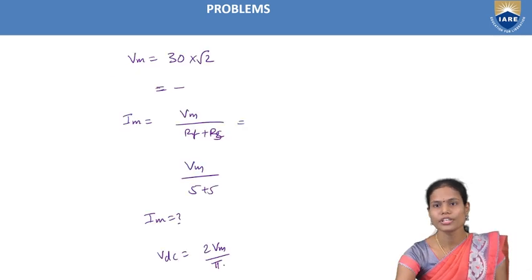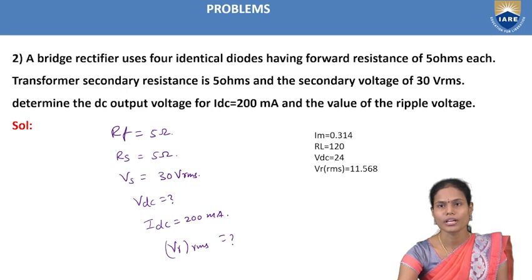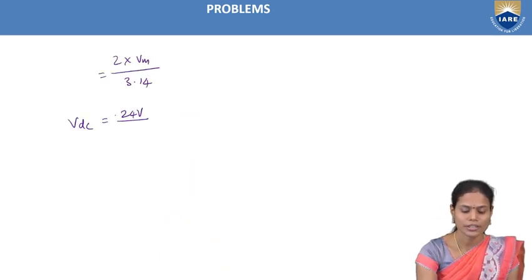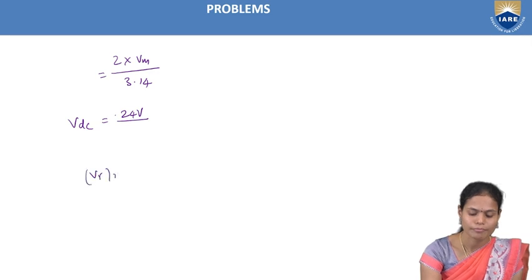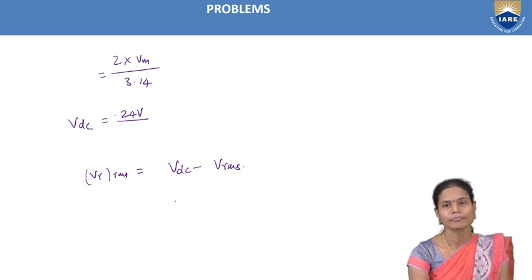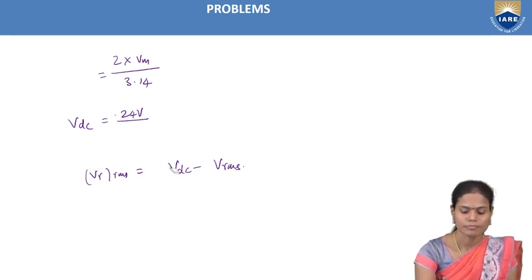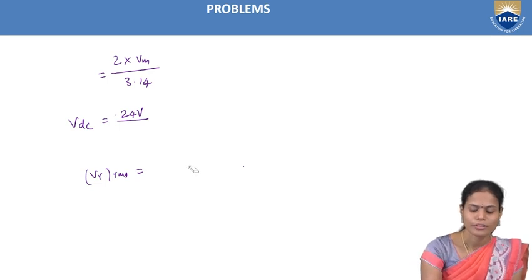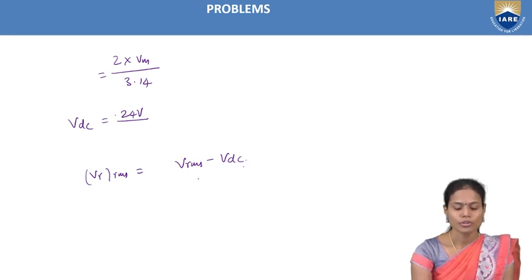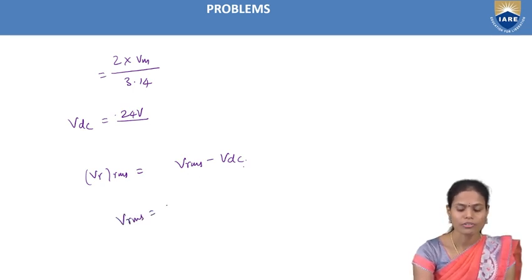And next we need to find the value of VR RMS. VR RMS means we have to take VDC minus V RMS. I'm very sorry, we have to take VRMS minus VDC. So the VDC value we know here. To find the VRMS, we have the formula, that is Vm by root 2.